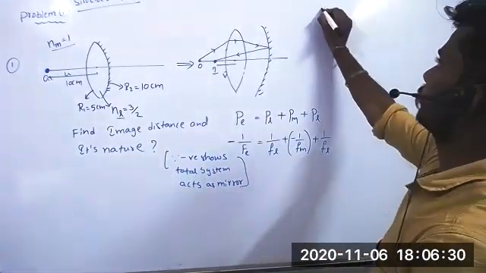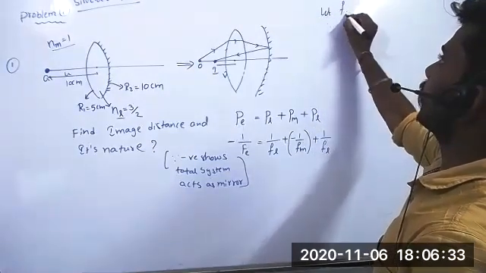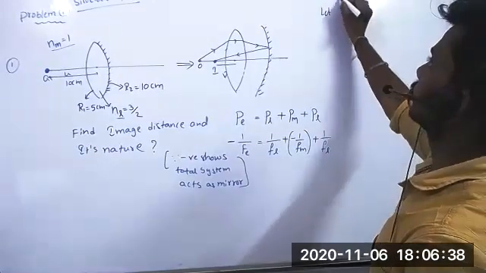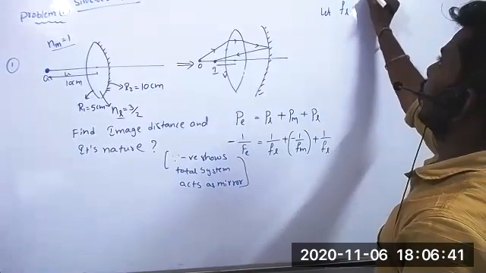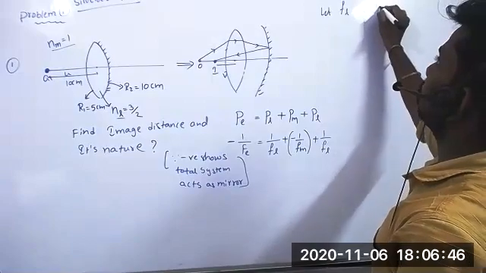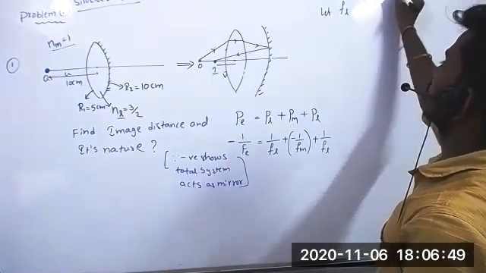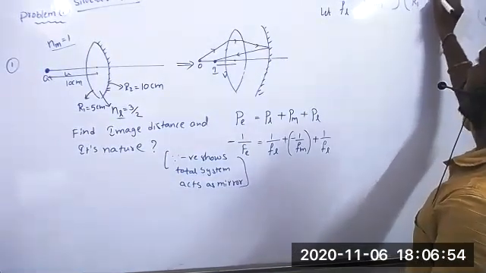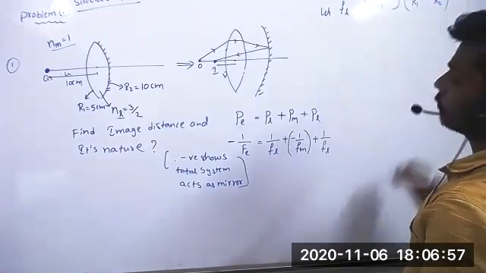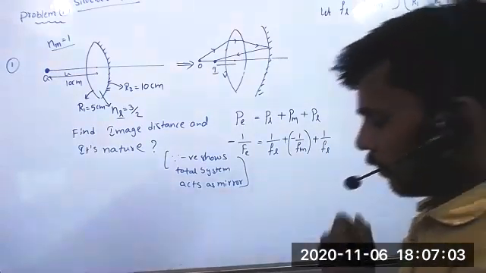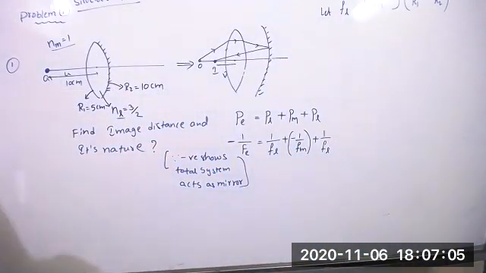So the focal length of the lens formula: 1 by FL equals (NL by NM minus 1) times (1 by R1 minus 1 by R2). Okay? Yes, sir. Clear, right?